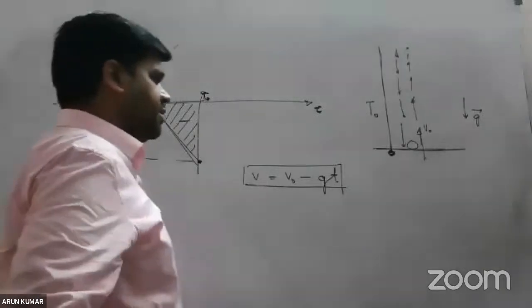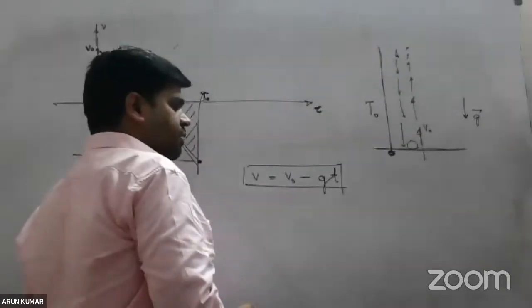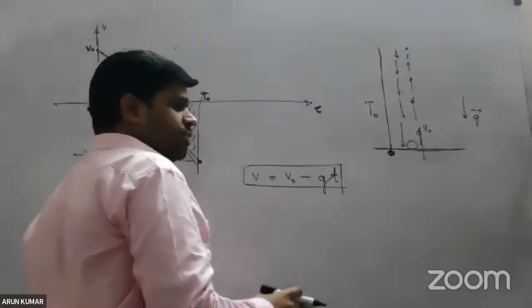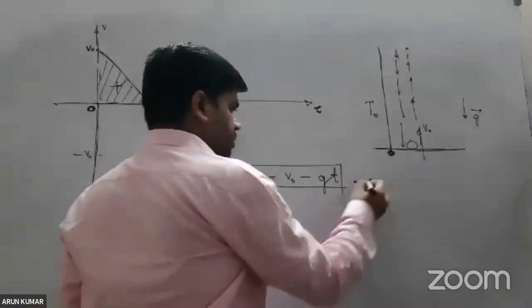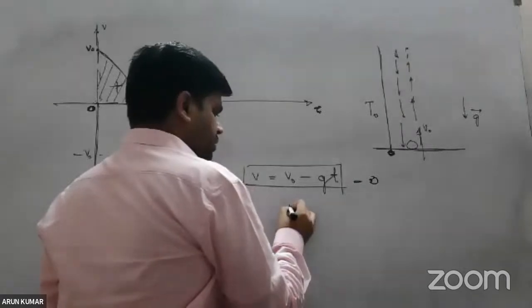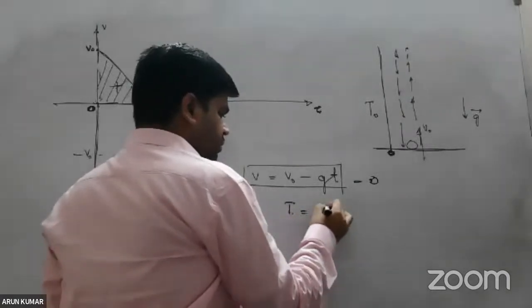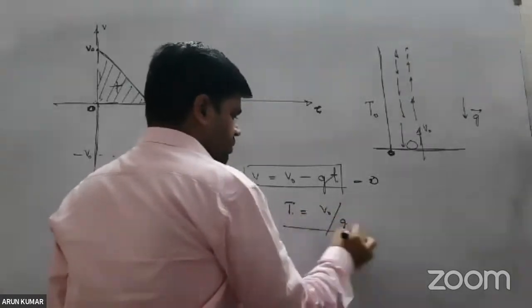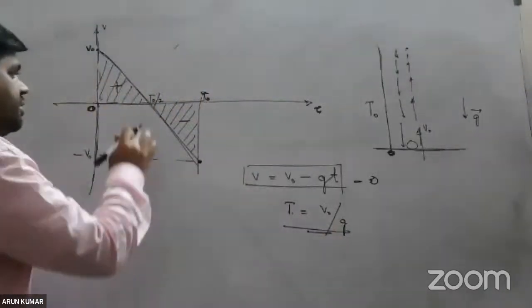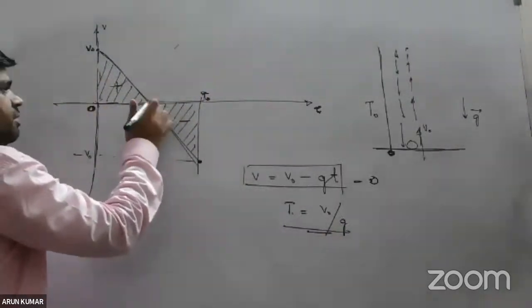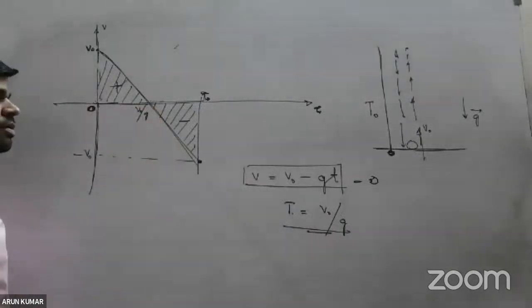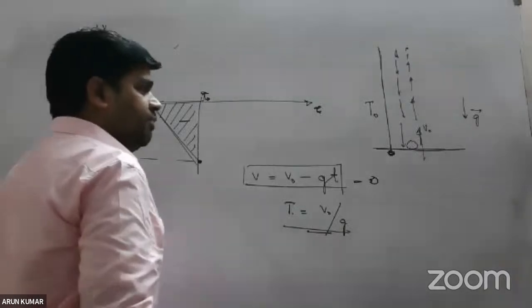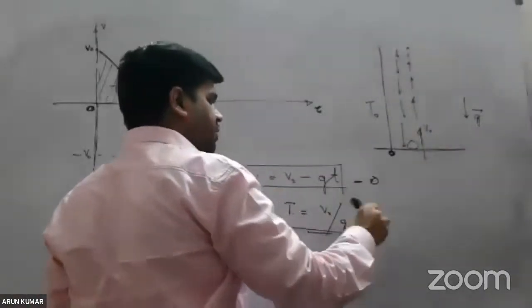Let us find out what time that is. When does the particle come to rest? When the velocity becomes 0. That means v naught minus gt is equal to 0, so t is equal to v naught by g. And when is the velocity becoming minus v naught?